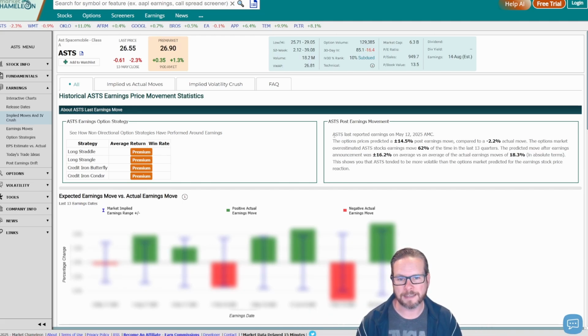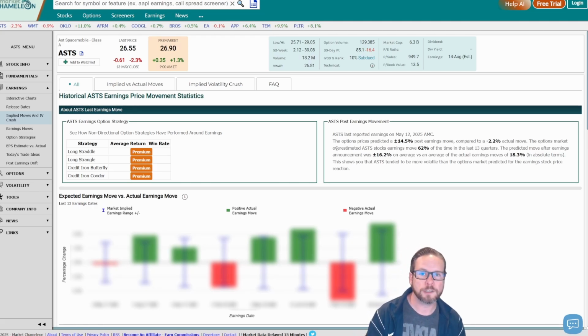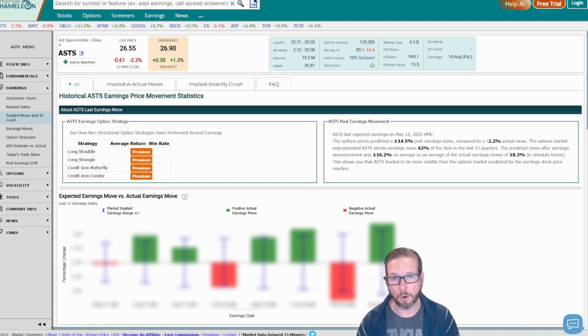You can see that they typically have a move of plus or minus 14.5% predicted, whereas the actual move is only 2.2%. It's very interesting how they give some additional information around the percent of times that the market actually overestimates the move, and they tend to overestimate it on this stock 62% of the time.